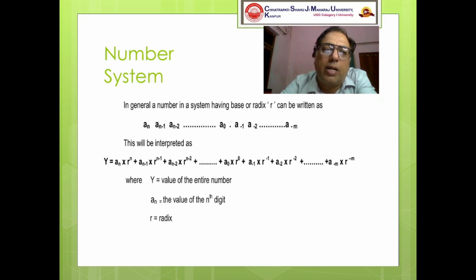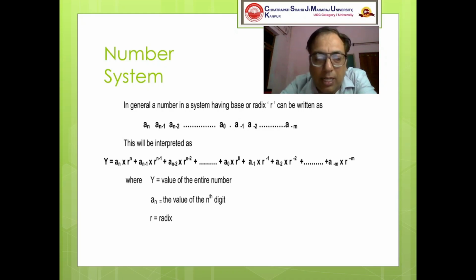This will be interpreted as, for example, y equals a_n times r to the power n plus a_(n-1) times r to the power n minus 1 plus a_(n-2) times r to the power n minus 2 and so on, where y is the value of the entire number, a_n is the value of the nth digit and r is the radix.